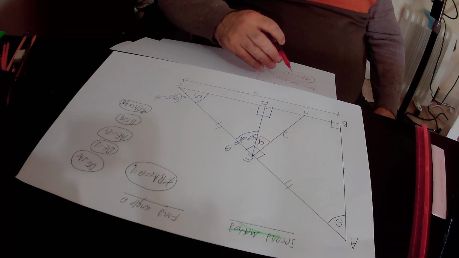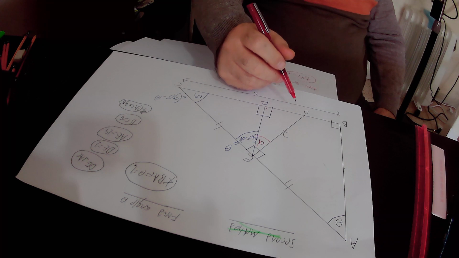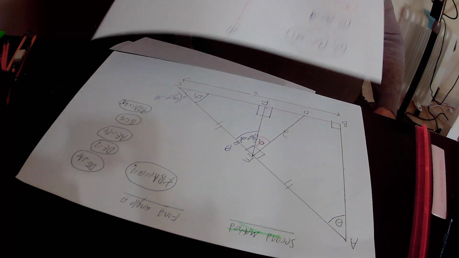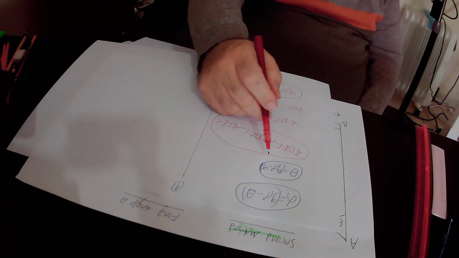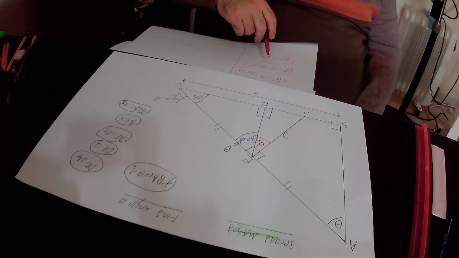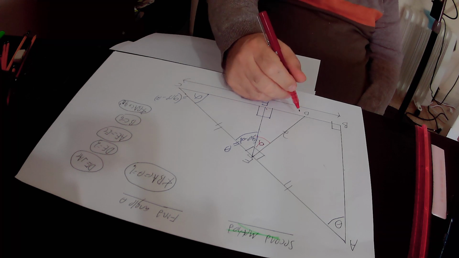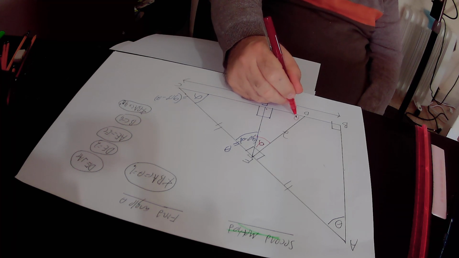But we have already found out that 90 degrees minus alpha equals theta. So we'll substitute here: this angle, which equals 90 degrees minus alpha, is theta.